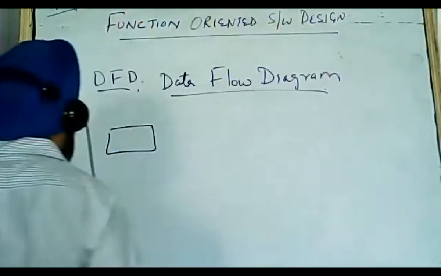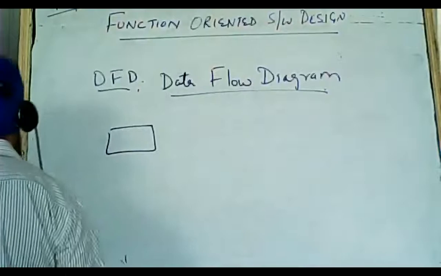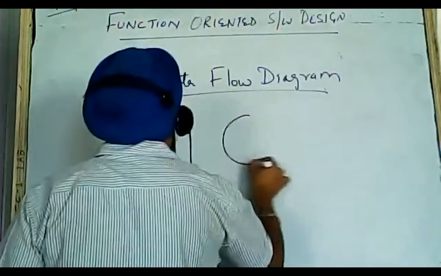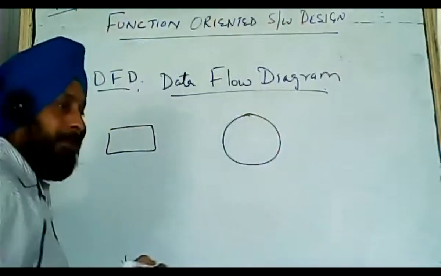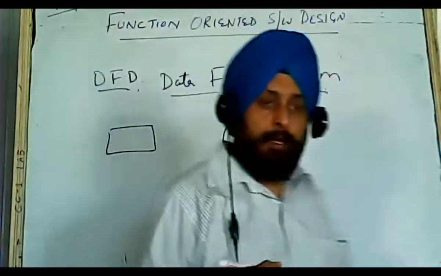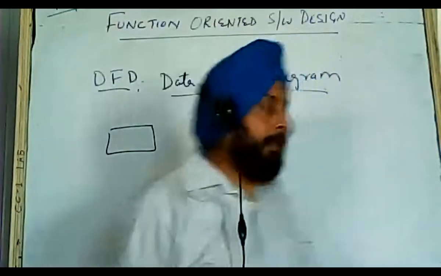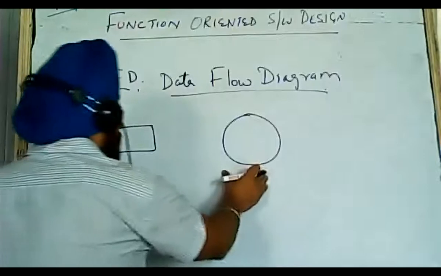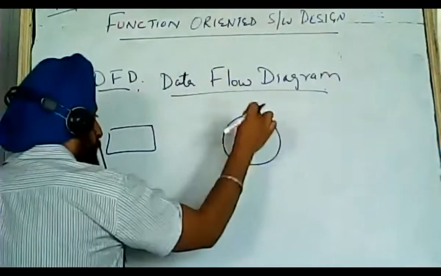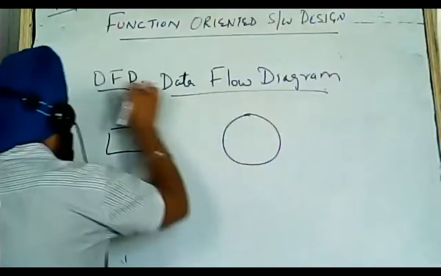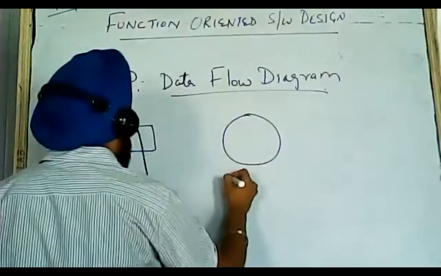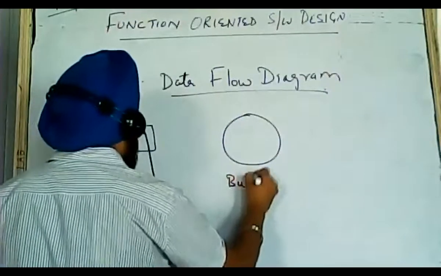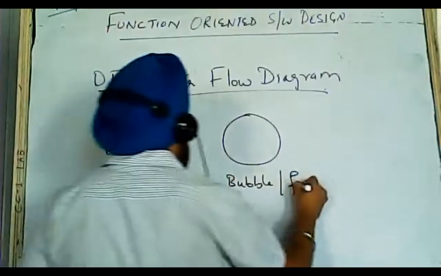One is the external entity, which is represented by this. This is very important, the circle. Actually, it is known as the bubble. The bubble represents each function or each process. It is a very important symbol in DFD. It is also known as a bubble or function.